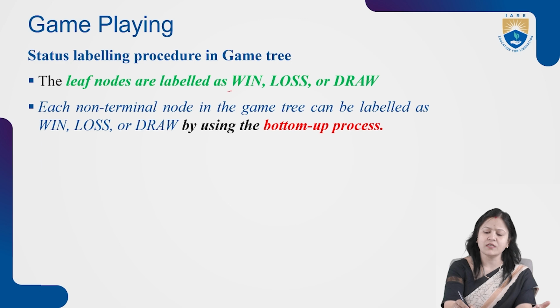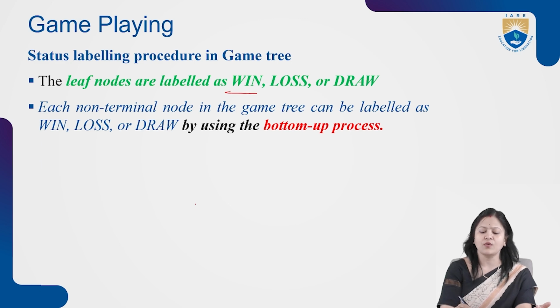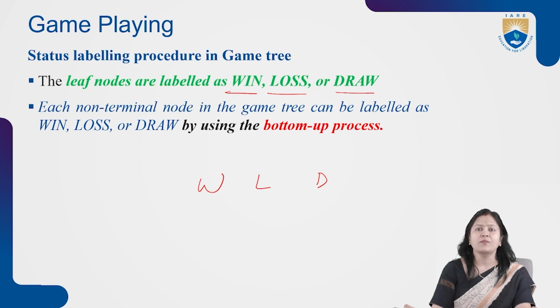The first status is win, which we denote using W, then loss, which is denoted as L, and one more status is draw, which is denoted as D. Each non-terminal node in the game tree can be labeled with one of these three statuses, either win, loss, or draw, by using the bottom-up process.